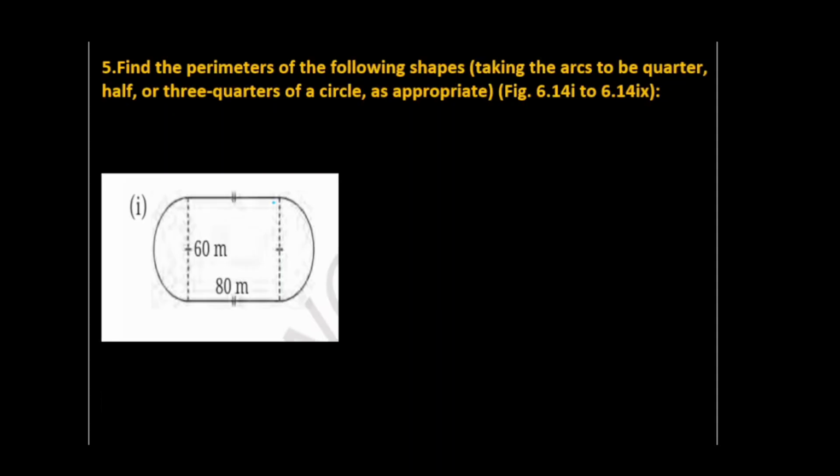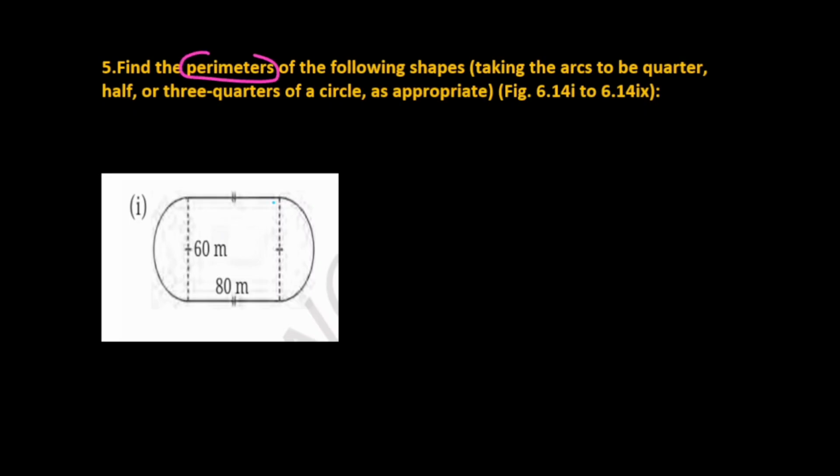Fifth question, find the perimeter of the following shapes. The perimeter is nothing but the boundary length. Here we need to calculate the boundary length of this shape. So if you want to find the boundary length, it means this length plus the arc plus this length plus this arc. That full length we need to calculate.